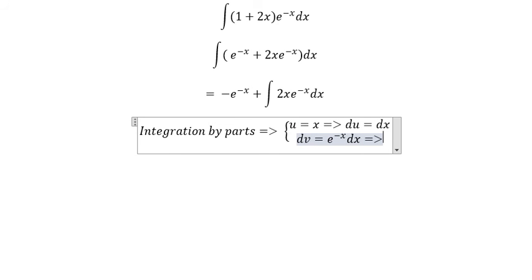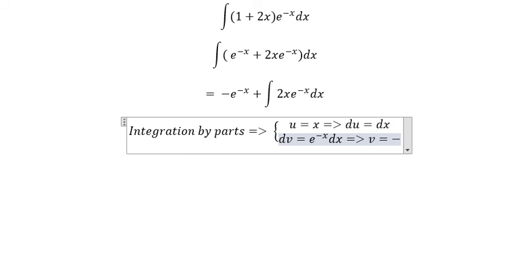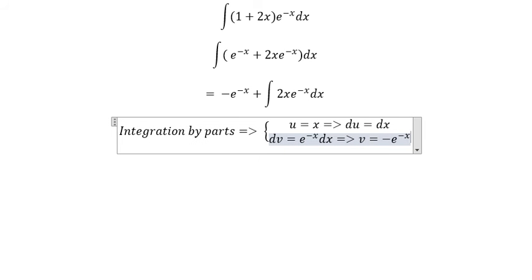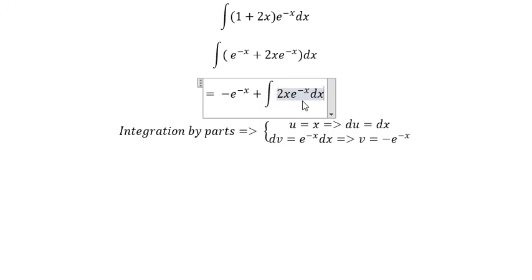So we will get v equals negative e to the power of negative s. We will use this formula to find this integral in here.